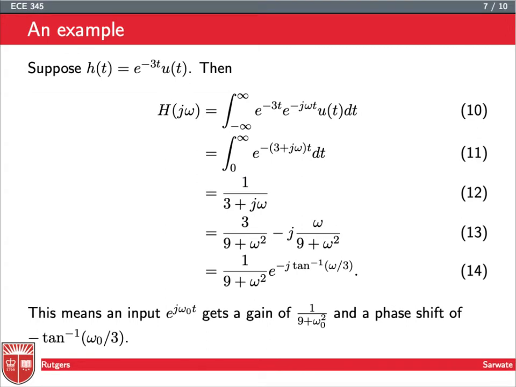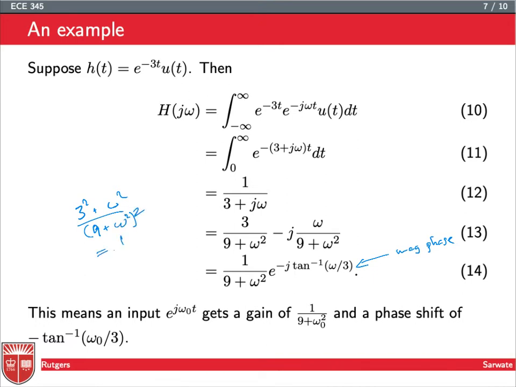And now we multiply top and bottom by 3 minus j omega, and we can write it in Cartesian form as 3 over 9 plus omega squared minus j omega over 9 plus omega squared. Or if we want to write it in magnitude phase form, the magnitude is going to be the square root of 3 squared plus omega squared over 9 plus omega squared squared.